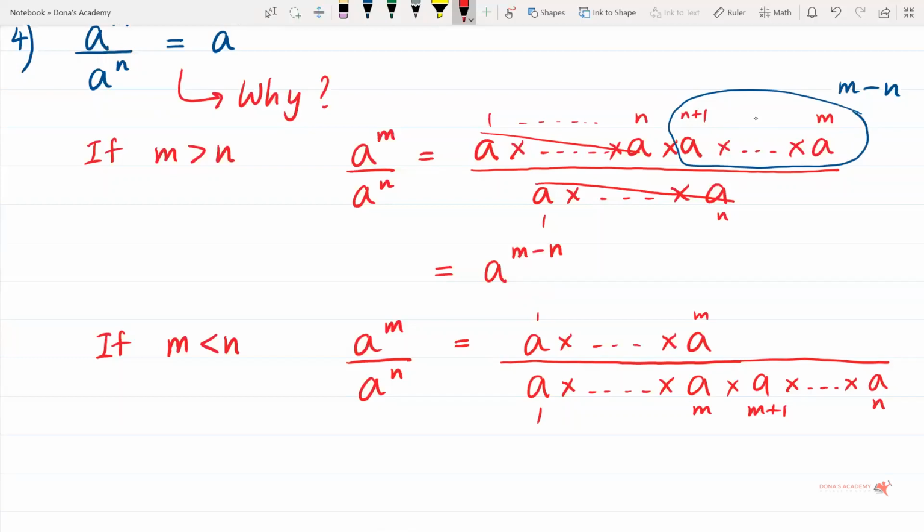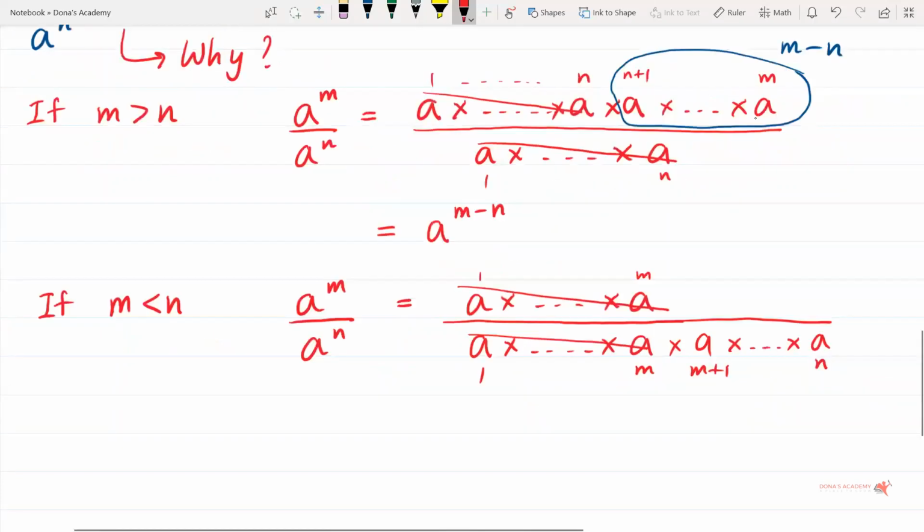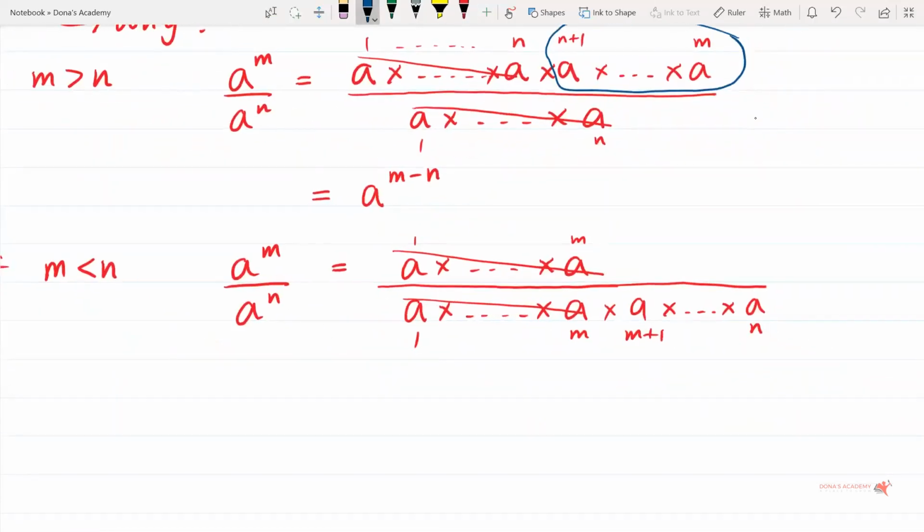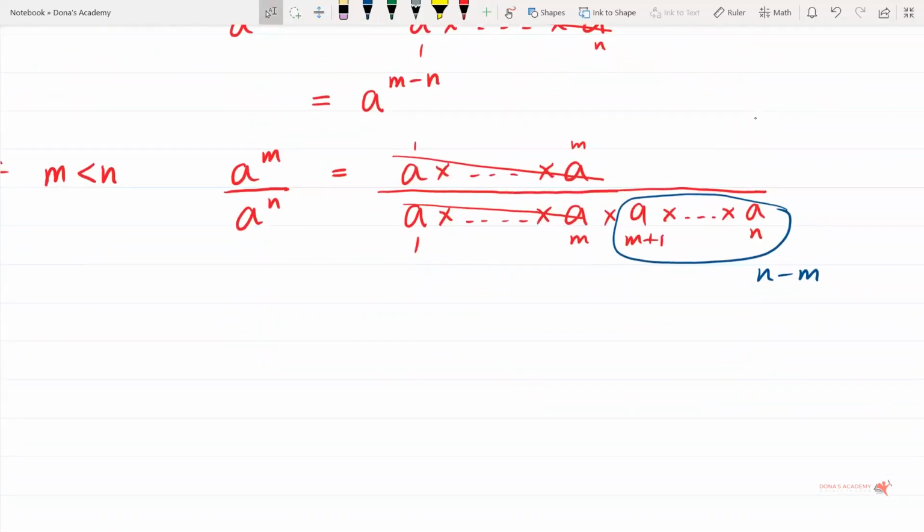Now I can see m number of a's in the top and the bottom, so I can cancel them. Then how many a's are left in the bottom? There are no a's left in the top, it is just 1. I can see that there are n minus m number of a's in the bottom. In that case, I have 1 divided by a to the power n minus m.